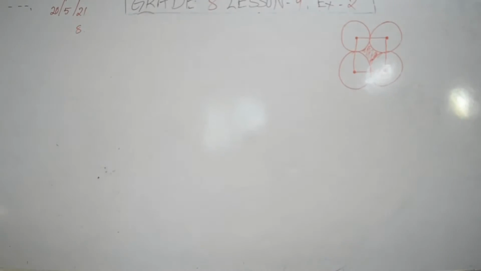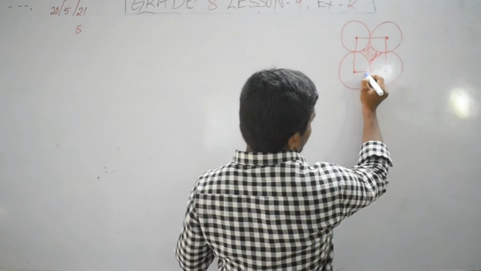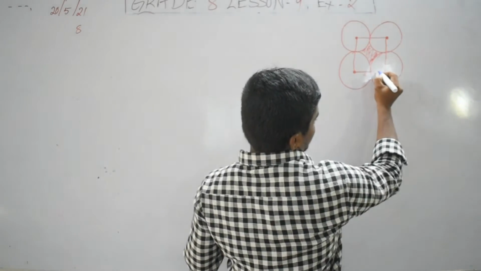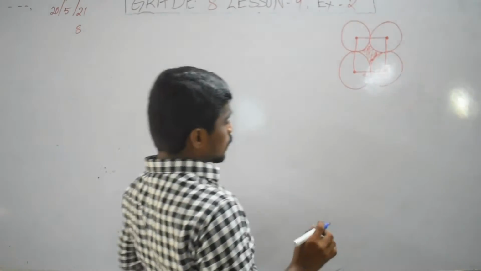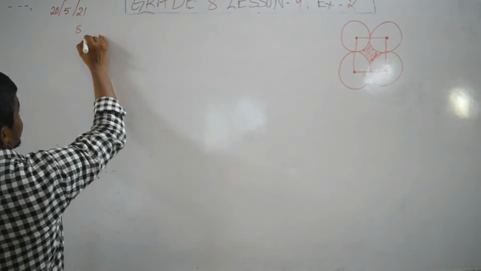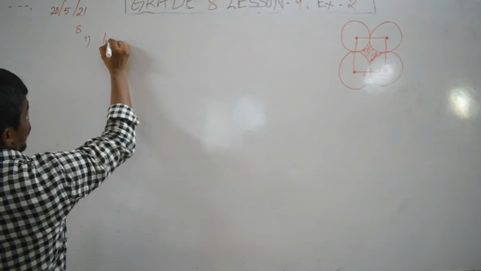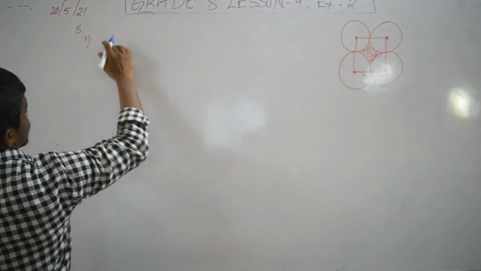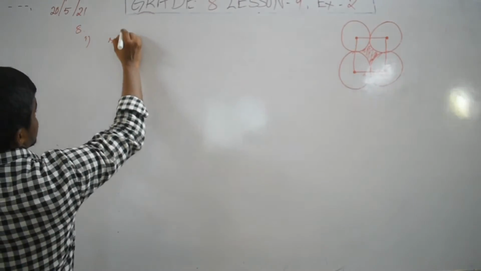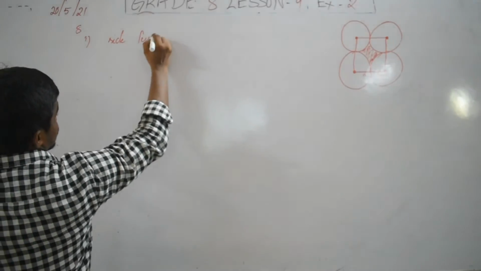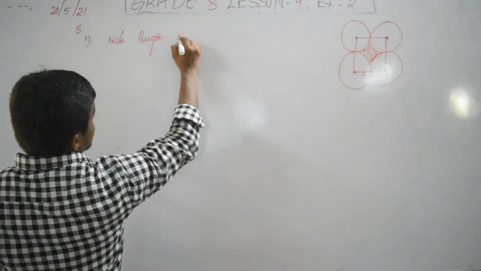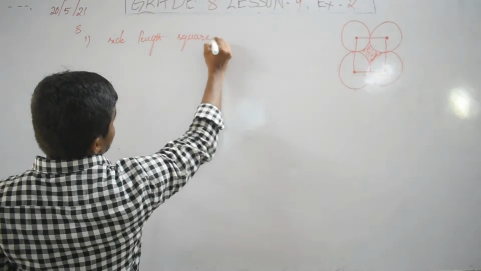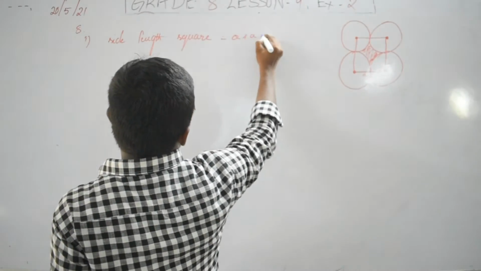Here see, from here to here the radius is a, from here to here the radius is a. So first, the side length of the square: how much? a plus a, 2a.